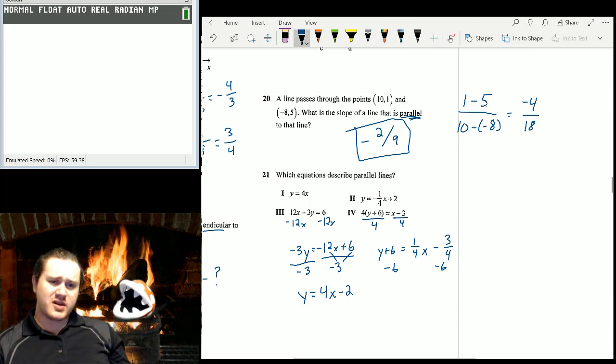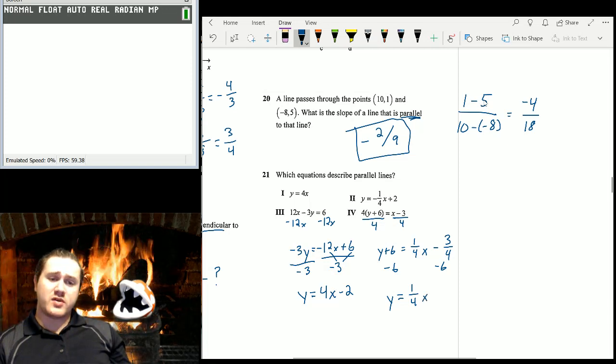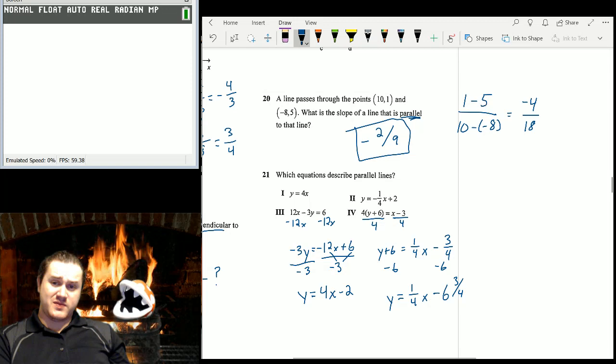Now, normally we would not write improper fractions, but we're really more focused on the slope of this. So y equals 1/4 x, or not improper, I meant mixed, minus 6 and 3/4. So again, 6 and 3/4, we really wouldn't normally put a number like that into this, but again, the y-intercept's not important, it's really the slope.